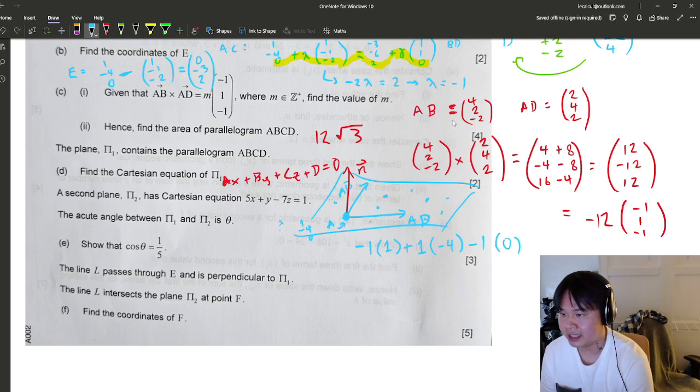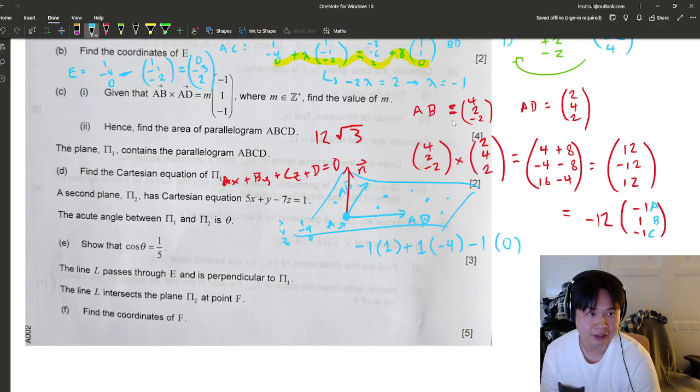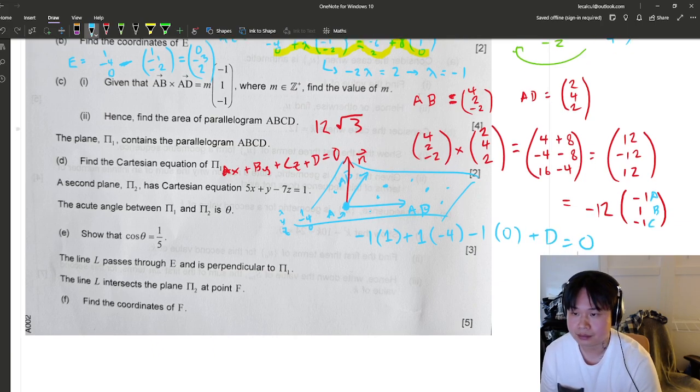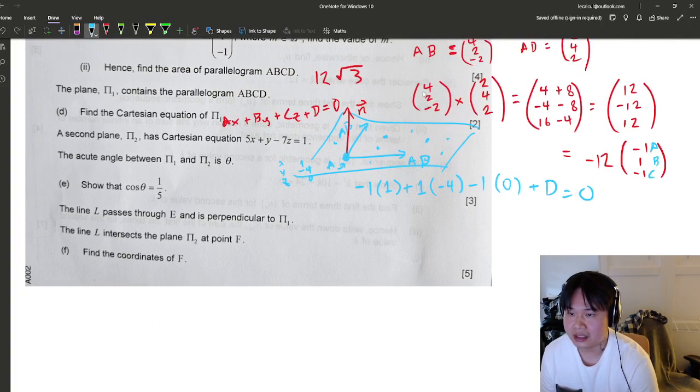Again, right, this is my x, y, z. Over here is my a, b, c. And then we need to find out what d is. Plus d equals 0. So d, what the heck is this? 1, 5. Sure, d is 5.